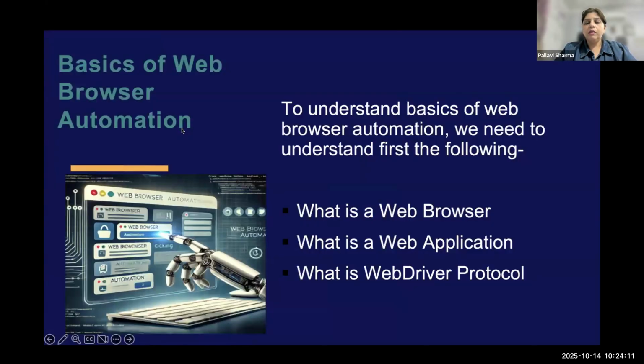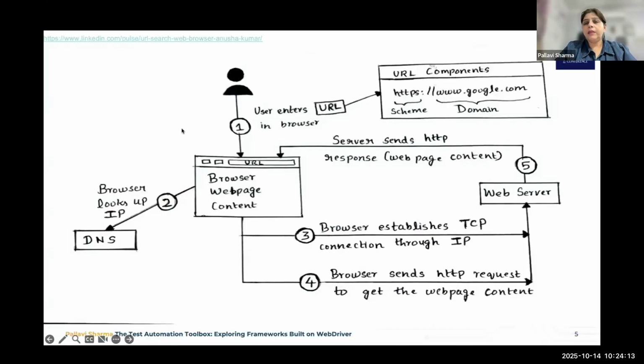When we talk about a web browser and our application, where we are trying to interact with the web browser, we basically have a browser web page which we have opened. The browser could be any of the browsers, Chrome, Firefox, Edge, which you are using, and you key in your URL.